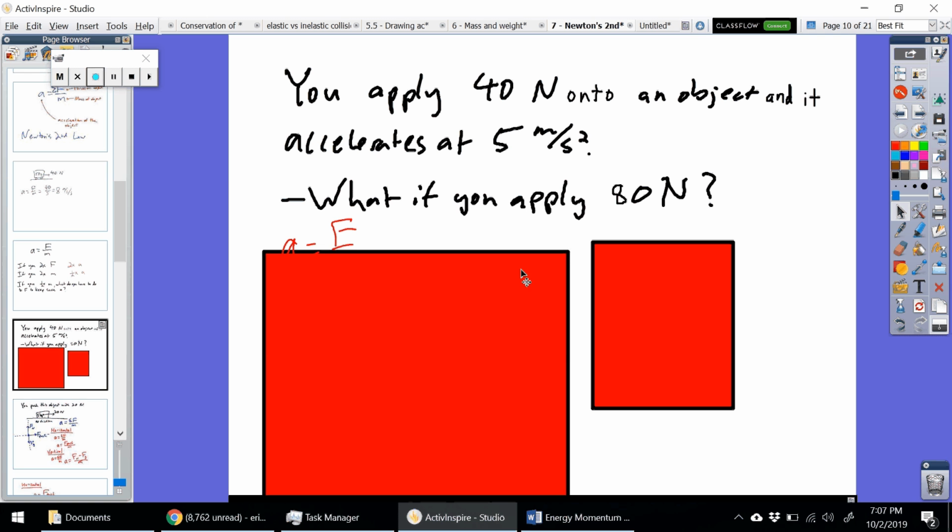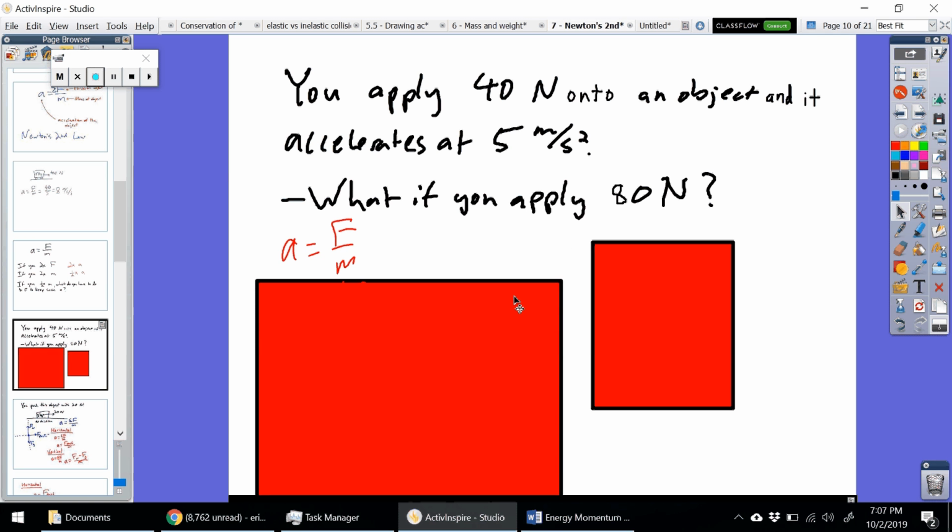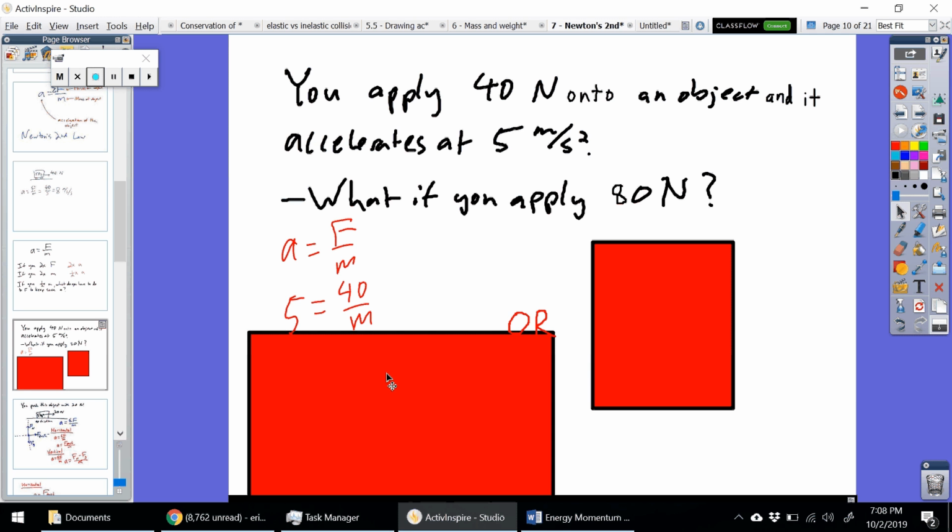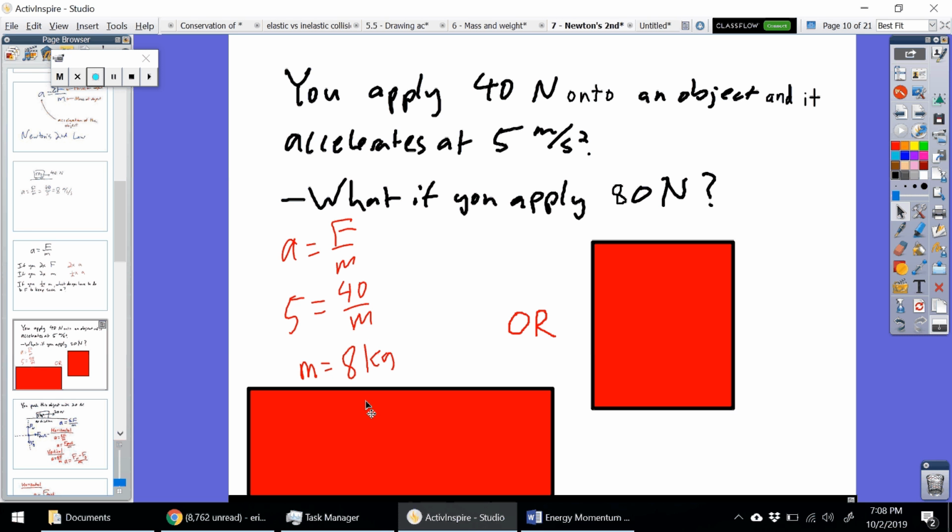A equals F over M, correct? Well, you have F and you have A, so you can plug those in, and that allows you to solve for the mass. To solve for the mass, you multiply by m to get out of the denominator, then you divide by 5. You get 5m equals 40, and then you divide by 5 to get m alone, and you get 8 kilograms.